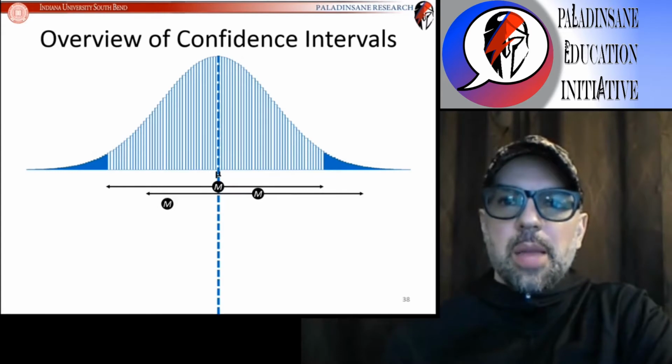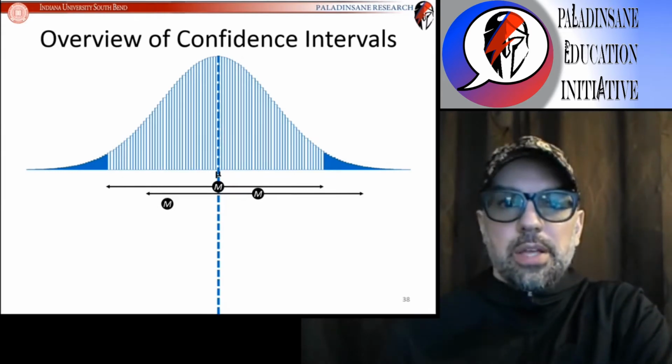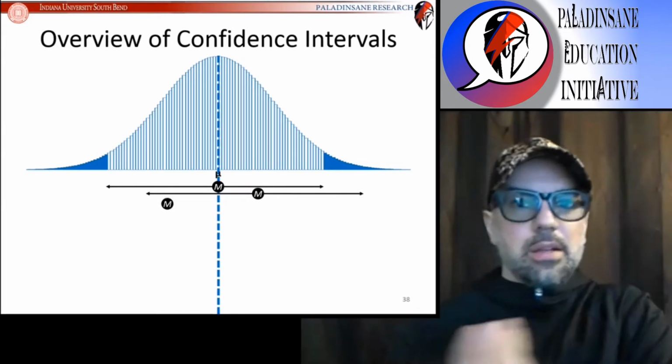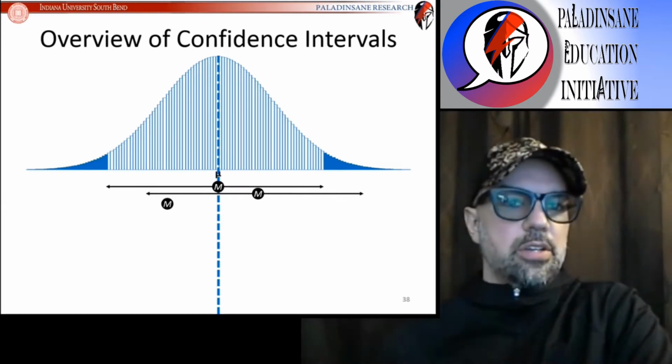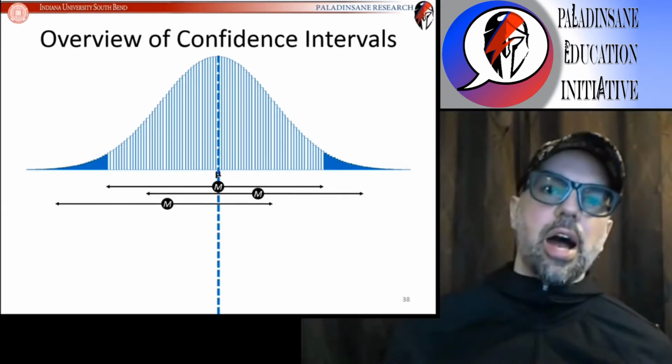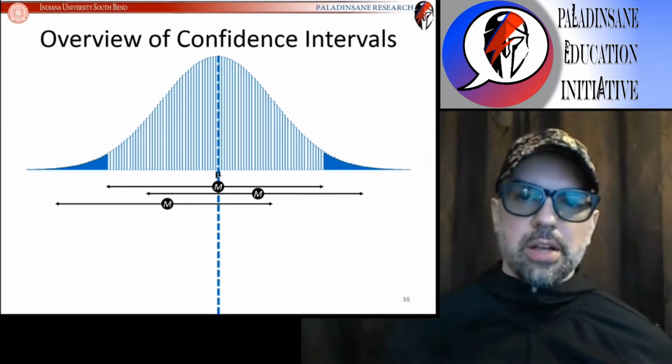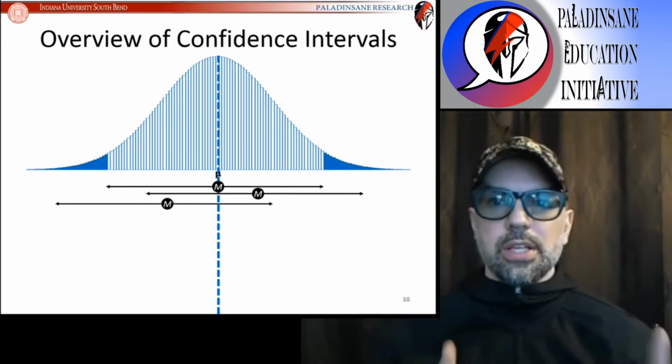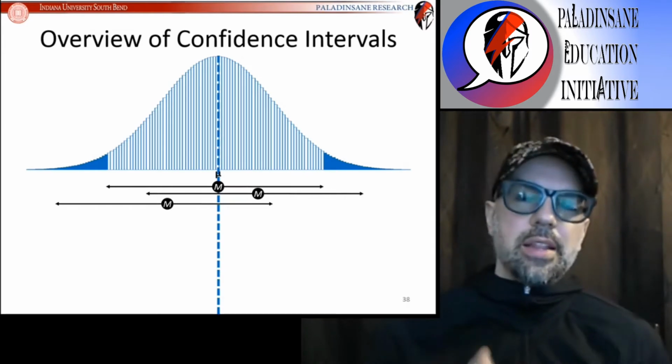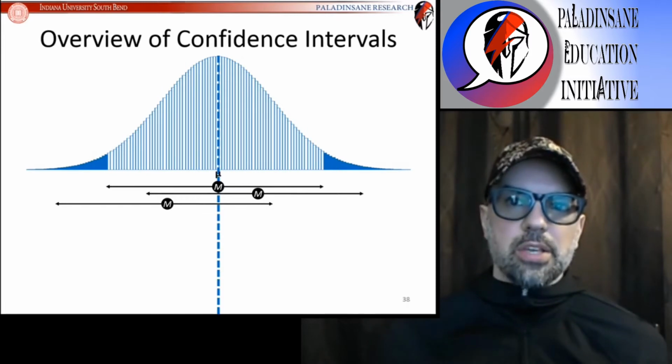What happens if our sample mean underestimates the population mean? Once again, the point estimate, we miss. However, the interval estimate, if it's as wide as the body of our comparison distribution, so not including the tails, but just the body, notice again that the interval contains the population mean.